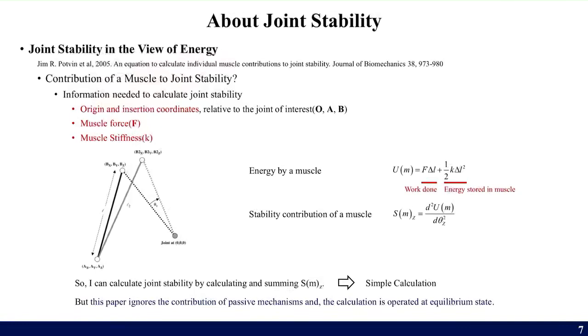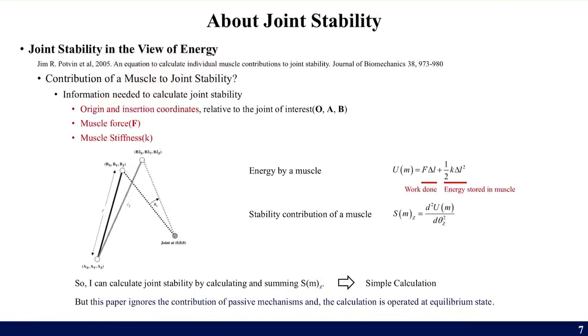The one is the coordinate of the muscle and the joint, and the second is the muscle force, and the third is the stiffness of the muscle. So at first, I calculate the sum of the work done by one muscle and the energy stored in the muscle.